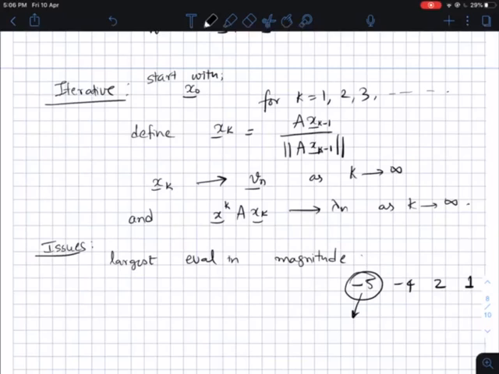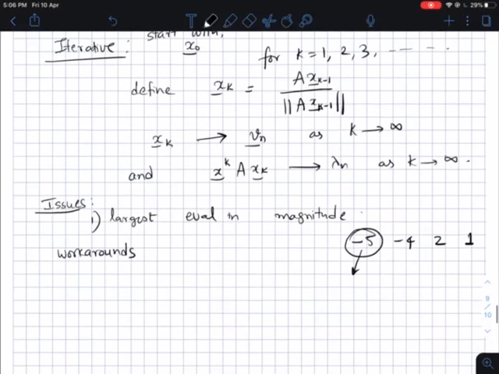So that's one thing, but there are workarounds to find other eigenvalues and eigenvectors as well. We may try to explore some of these in the practice problems.